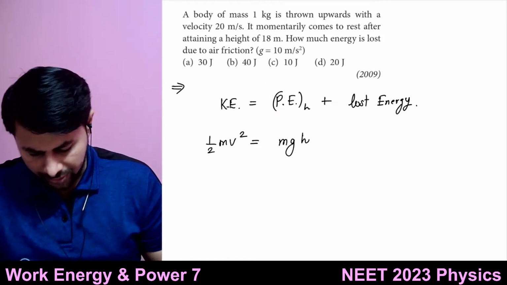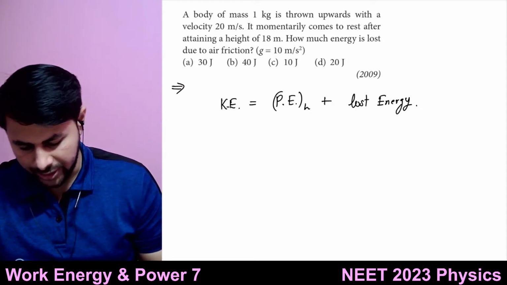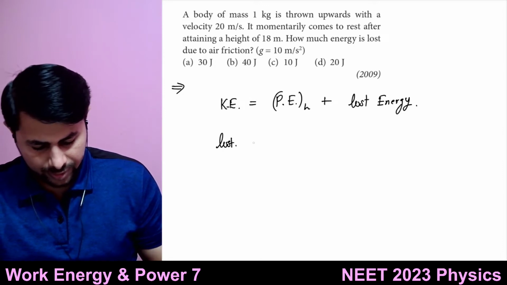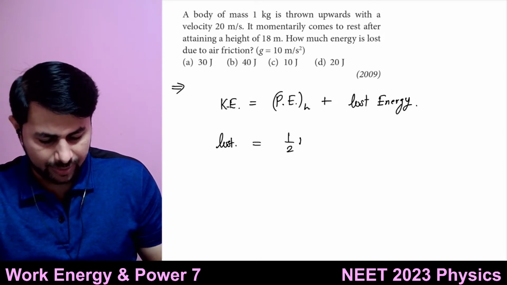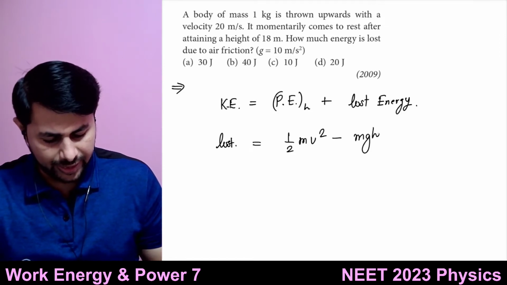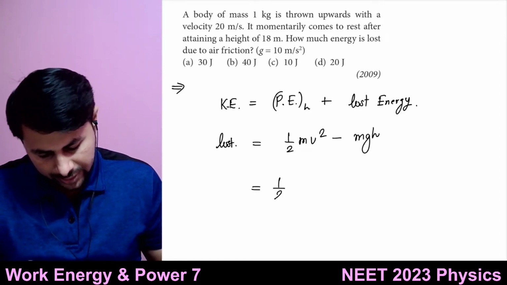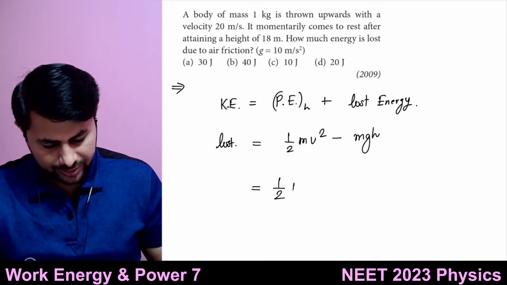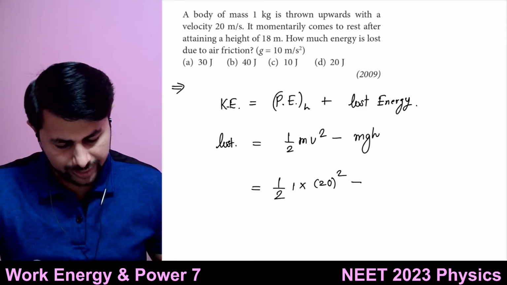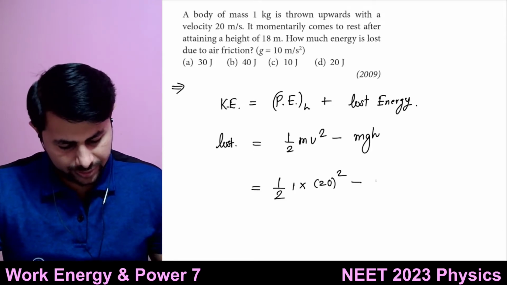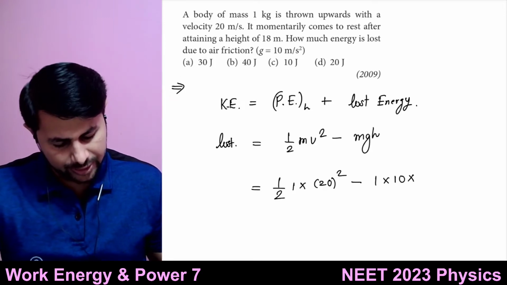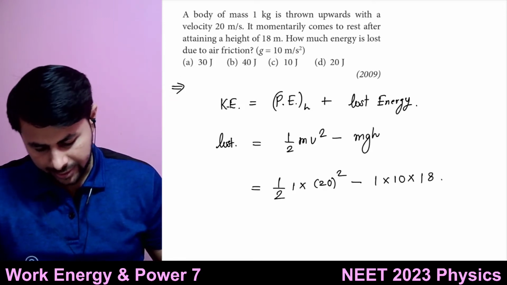We want to find out lost energy, no? So let's take that potential energy on the other side. So lost energy will be equal to kinetic energy, which is half of m into v square, minus potential energy, which is mgh. So what is its mass? 1 kg. So 1 multiplied by 20 square, minus mgh. So m is 1, g is 10, h is 18.